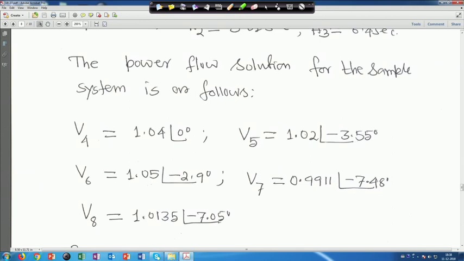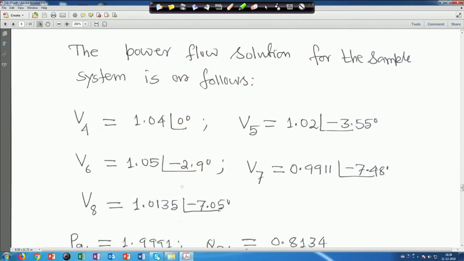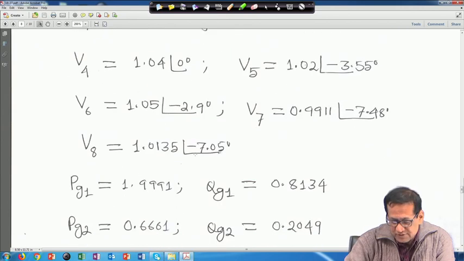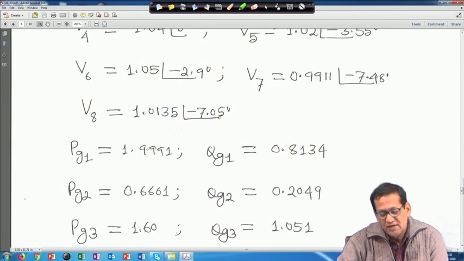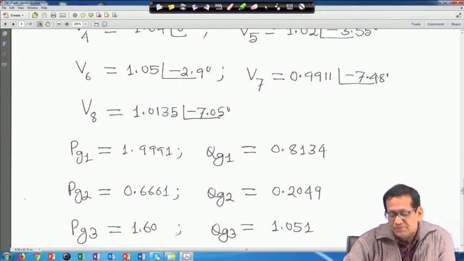V 6 is 1.05 angle minus 2.9 degree, V 7 is 0.9911 angle minus 7.48 degree and V 8 is 1.0135 angle minus 7.05 degree. These are the load flow solution. Along with this, Pg 1 is 1.991 per unit, Qg 1 is 0.8134 per unit, everything is in per unit.